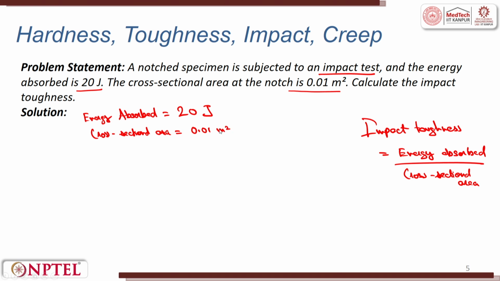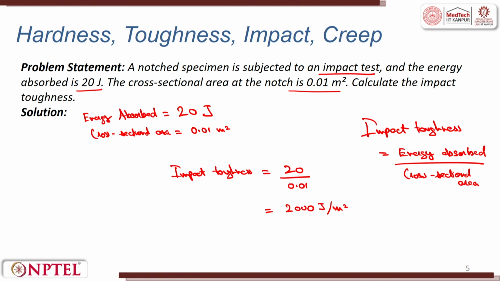No requirement of changing the units. It is directly given. Impact toughness is equal to 20 by 0.01. It is joule and meters, everything is in SI. So, this becomes 2000 joules per meter square.